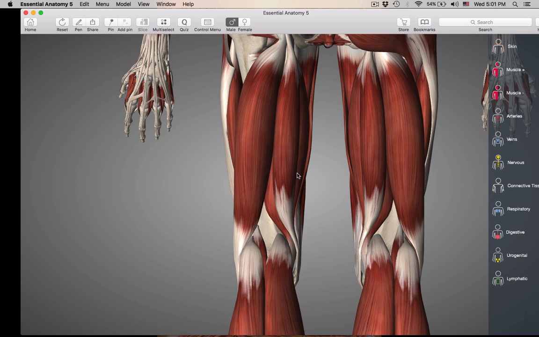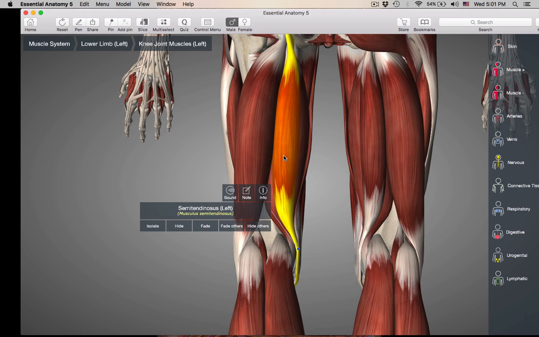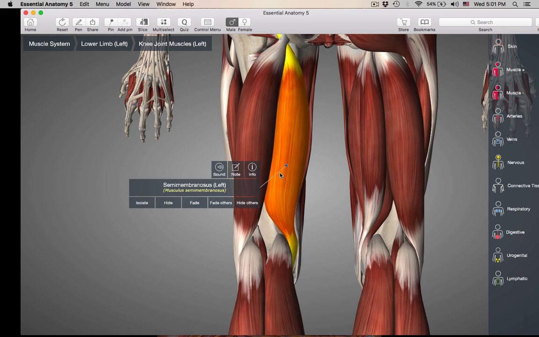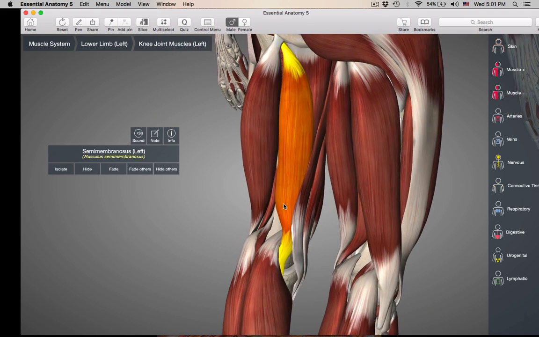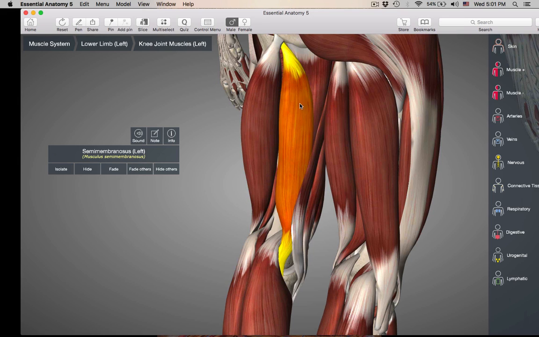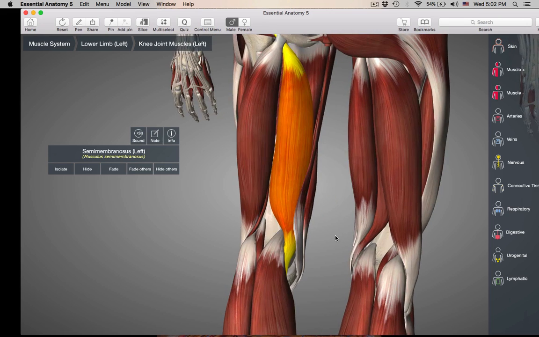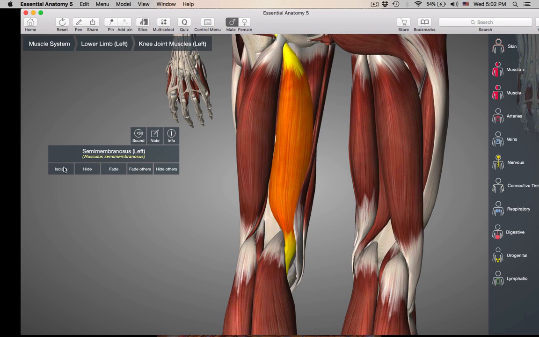Now the semimembranosus is deep to semitendinosus. So let's go ahead and hide our semitendinosus, and here is going to be semimembranosus. Semimembranosus is pretty big, and you're going to see it peeking out on the medial side here too. So semimembranosus, let's isolate it out.